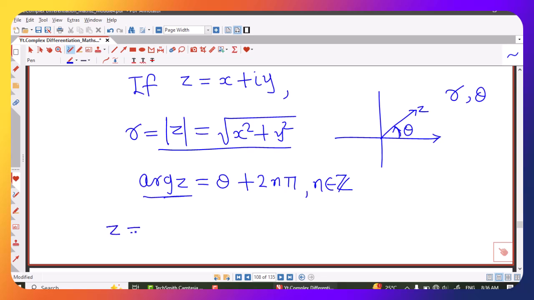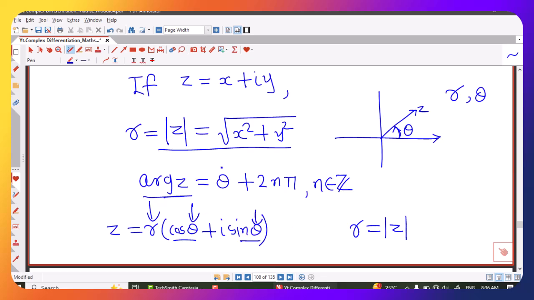So polar form of z, as we have discussed in lecture number 1, is r times cos theta plus I sin theta. So whenever we write z equal to r into cos theta plus I sin theta, then r is nothing but absolute value of z, and this theta is one value of argument of z.